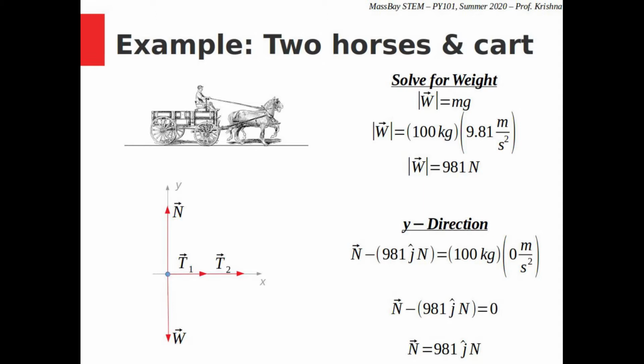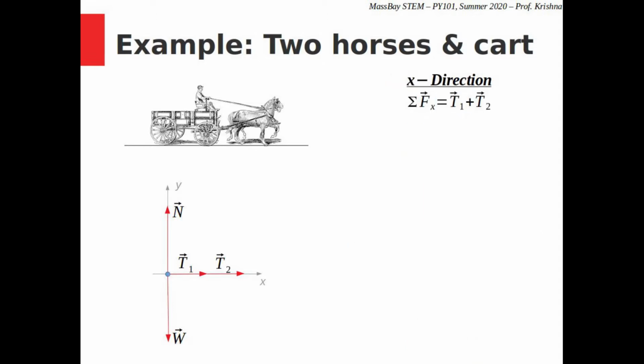What about the forces in x? Well, let's return to step 4. The total force in the x direction consists of two tensions, T1 plus T2. We add them since they are pointed in the same direction. Step 5. We apply F equals ma. That gives us T1 plus T2 equals mass times acceleration in the x direction.